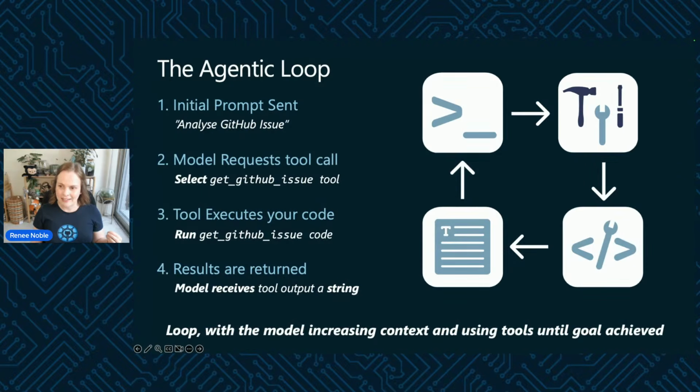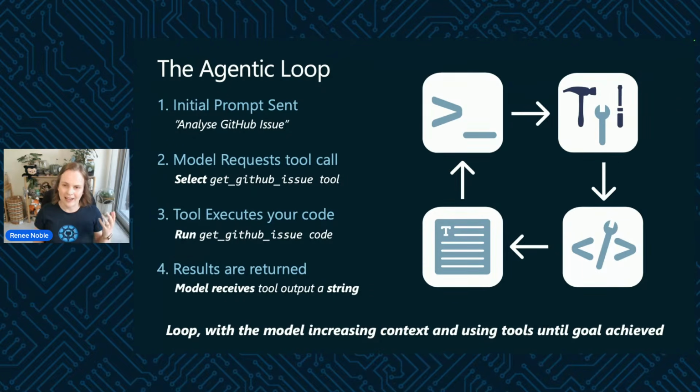And how that actually works in practicality is we've got something called the agentic loop. That means we have this ongoing series of things that keeps happening until our task is complete. We start with the initial prompt that we get sent. So this one might be analyze GitHub issue. We'll talk a bit about having a prompt that gives it more context on what you want to do, but that is essentially the initial thing that we start with. Then we will have the model request a tool.